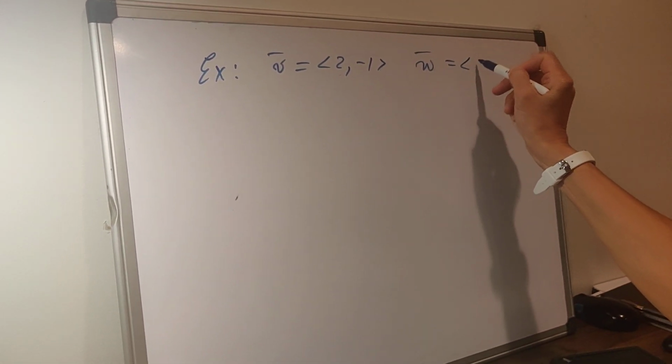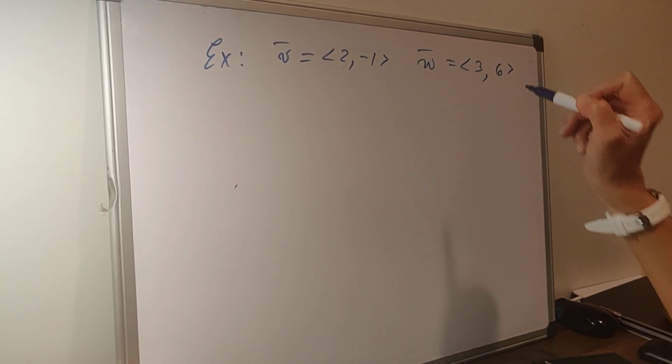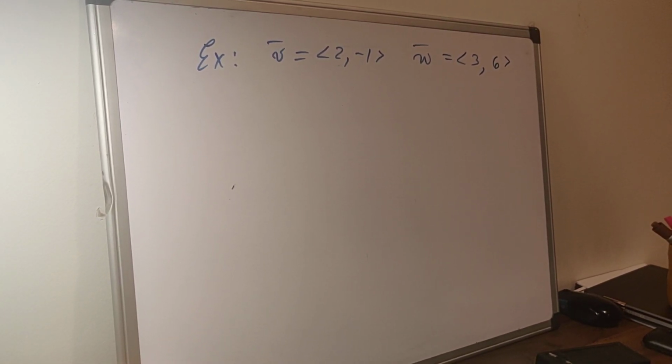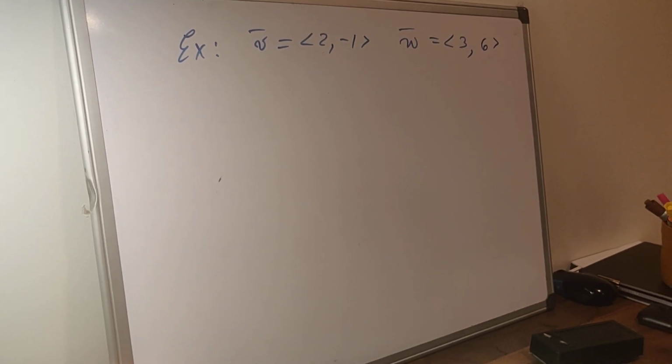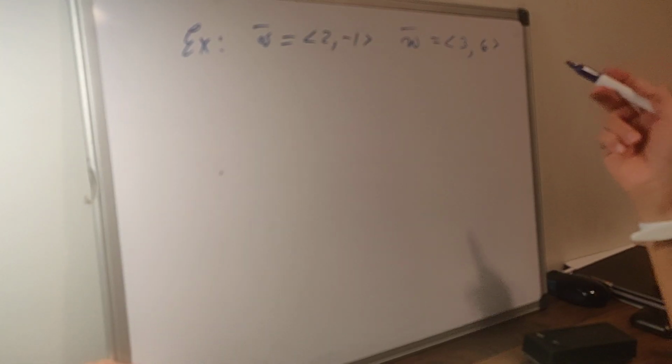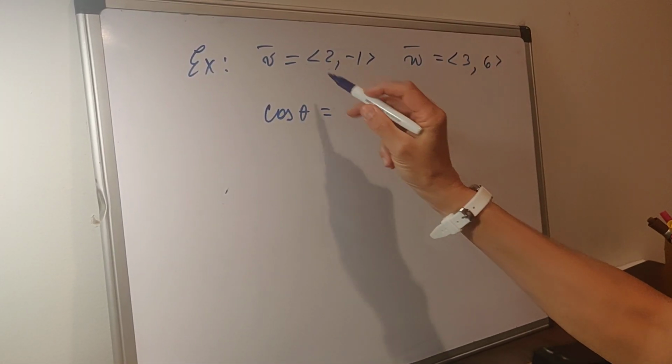Vector w is going to look like 3, 6. Let's see if these vectors are parallel, perpendicular, or neither. Well, I'm going to start with writing down cosine of theta and the dot product, v·w.